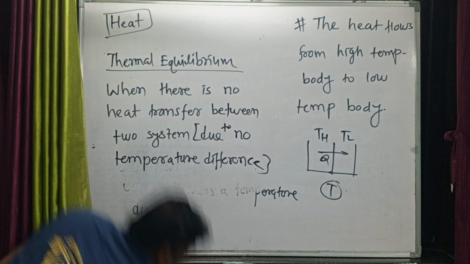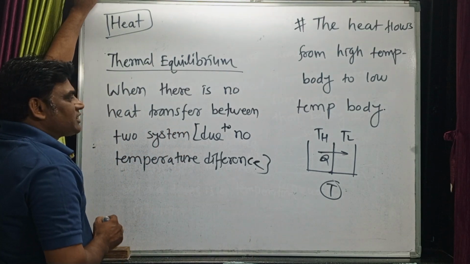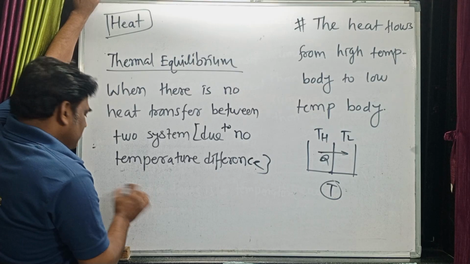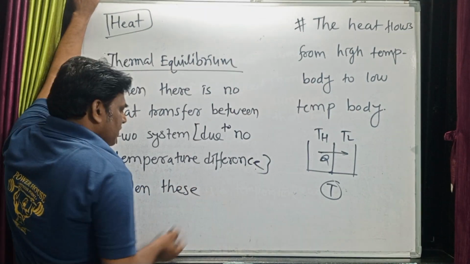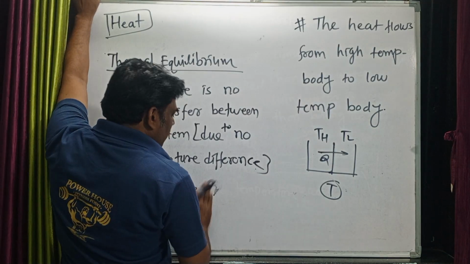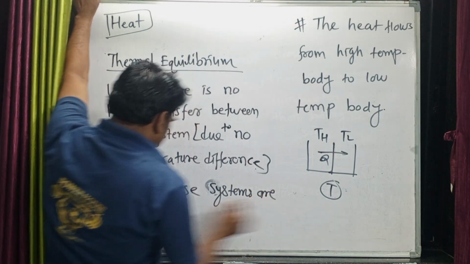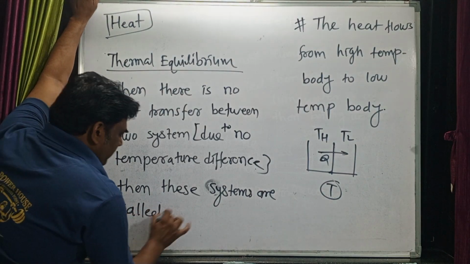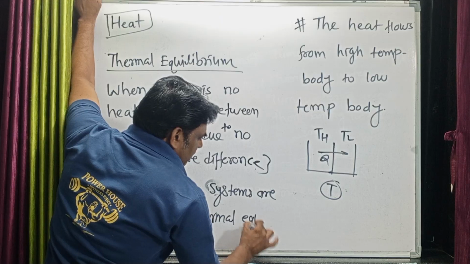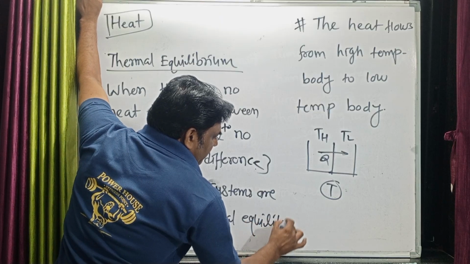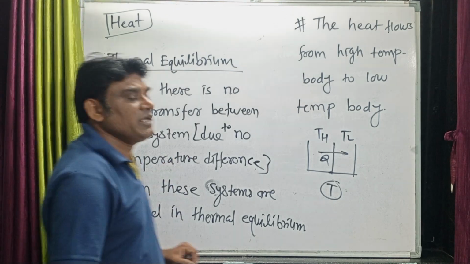So what we can say: when there is no heat transfer between two systems, then these systems are called in thermal equilibrium. The main thing is that there should not be any interaction, any heat transfer.